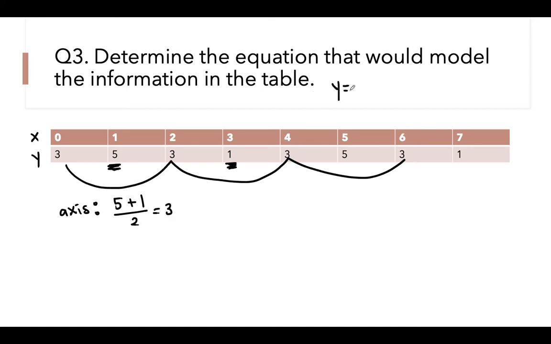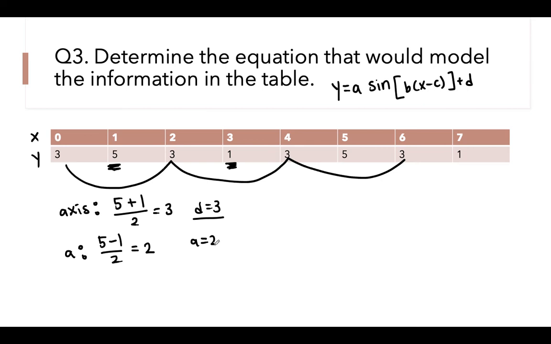So y is equal to a, let's say sine, bx minus c plus d. So I can conclude that d is equal to 3. Now, what about amplitude? To find the amplitude, it is maximum minus the minimum divided by 2, which is 2.